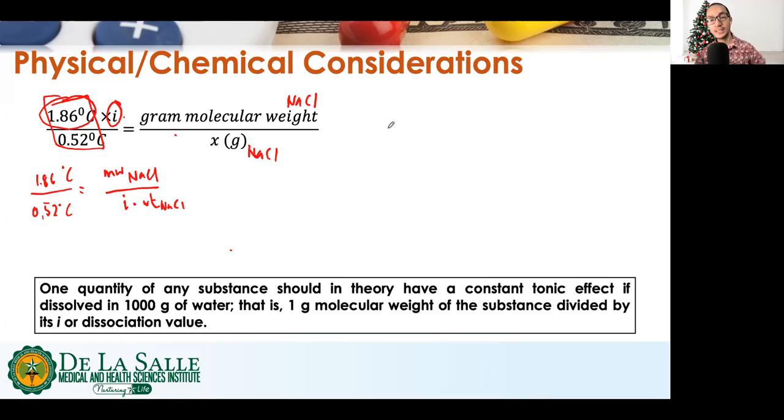Let's suppose I have another substance. Let's name that substance X. That substance X will also use this particular formula, and so I can determine the amount of the substance X, given the molecular weight of the substance X and the I value of that substance X, by using this proportionality.